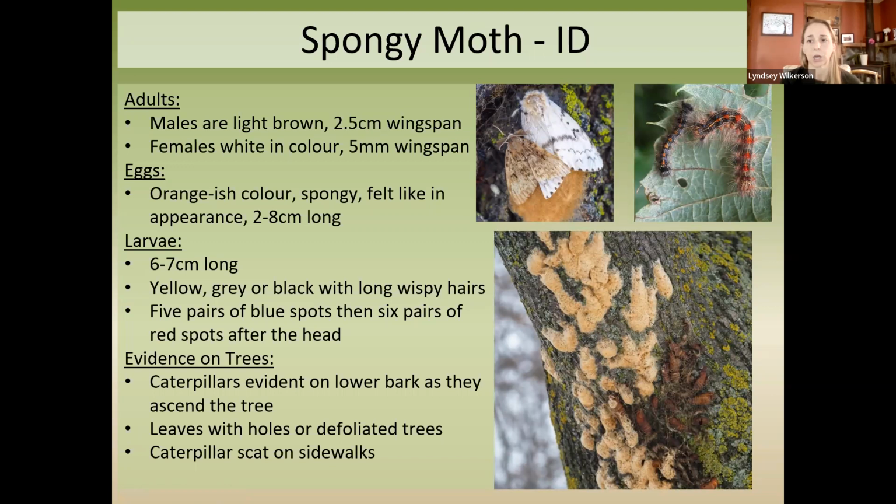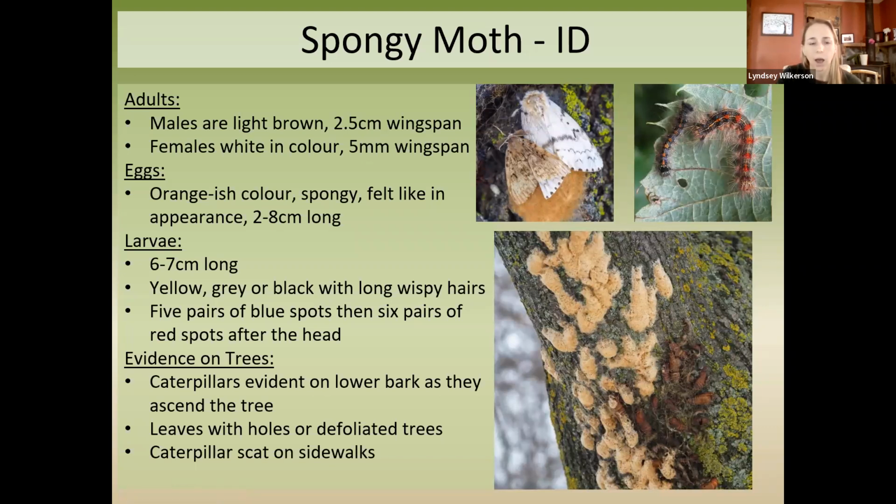And the caterpillars are quite messy as well. One of the things to ID on the caterpillars is they have 5 pairs of blue spots after their head, and then 6 pairs of red spots.